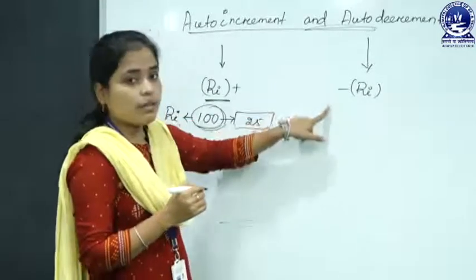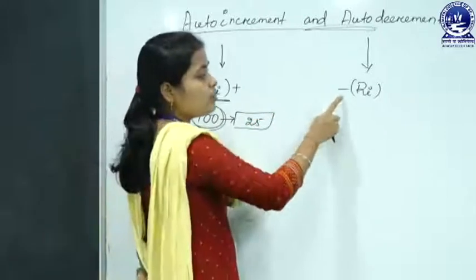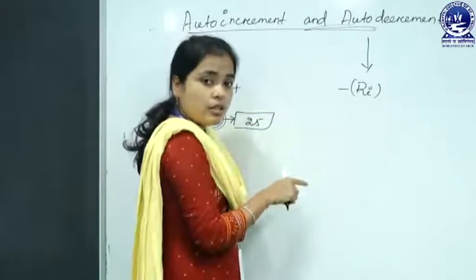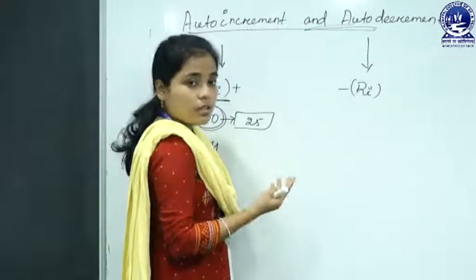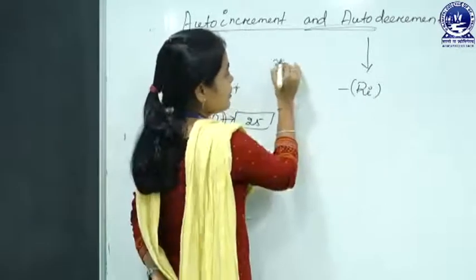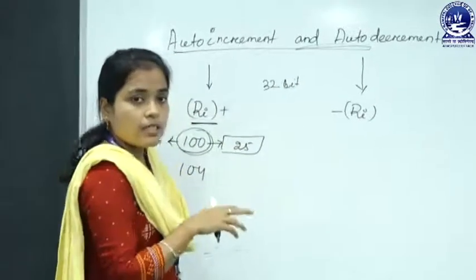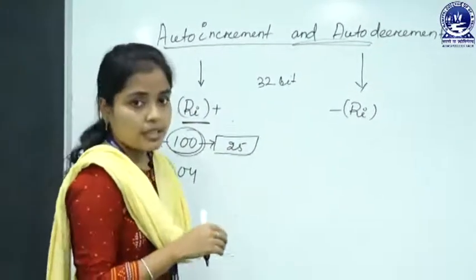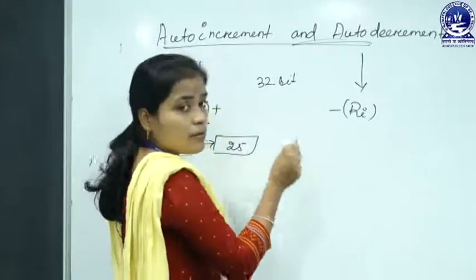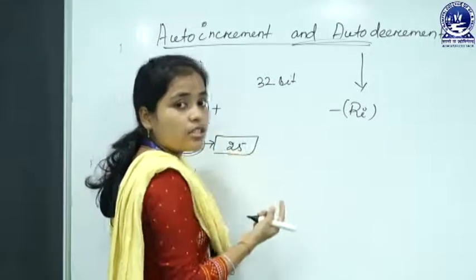But in the auto decrement mode, first we have to decrement the memory location according to the processor. If the processor is 32 bit, then it is decremented by 4. If it is 64 bit, then it is decremented by 8, like this. So, first you decrement, then you fetch the operand.